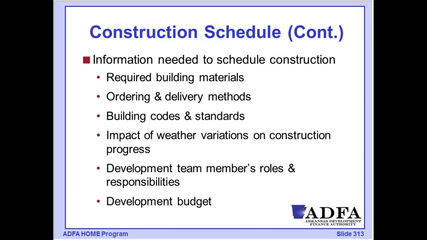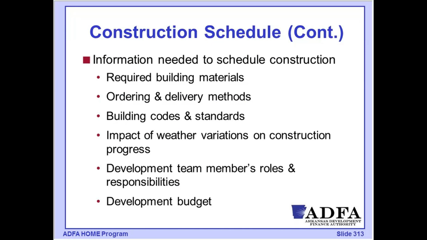Thinking about the codes and standards that are going to apply. In some cases, weather is going to have a significant impact, and so we may want to think about timing on that. We also may need to think about how we're going to protect that site during certain stages of construction and maybe the materials on that.